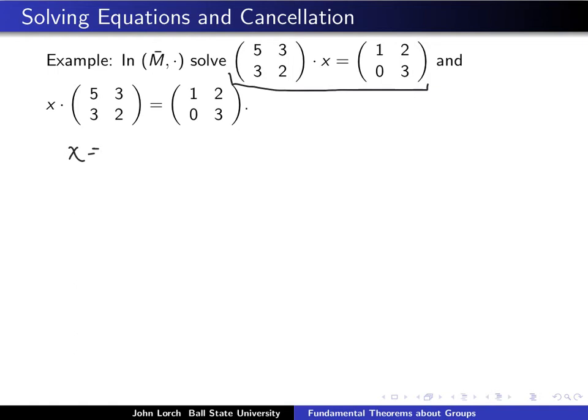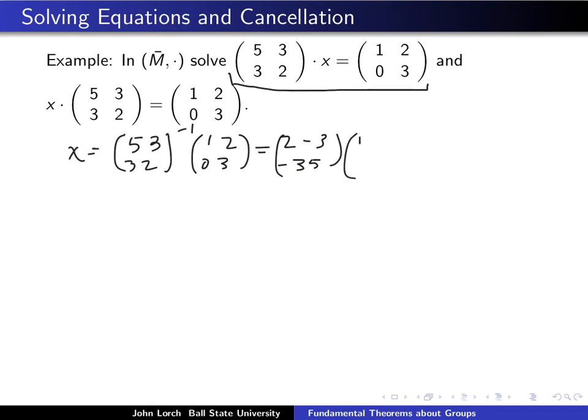On the right, I'm going to wind up with the inverse of 5, 3, 3, 2 times 1, 2, 0, 3. Now the inverse of the matrix 5, 3, 3, 2 is 2, minus 3, minus 3, 5, times 1, 2, 0, 3.